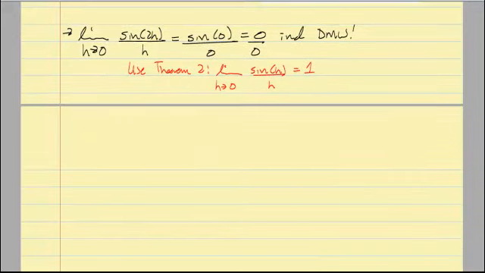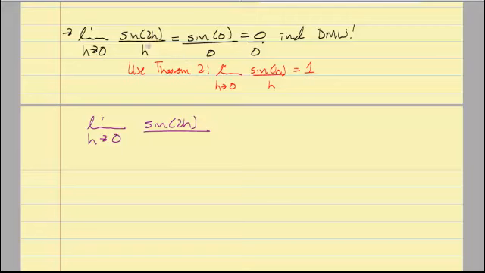So what we do is we say, okay, well this would work if I could substitute the letter u in here, let's say. So we could do a little bit of a substitution, and we could say the limit as h approaches 0 of the sine of 2h over, if this was a 2h right here, this would work perfect, because then the arguments would be the same for the sine and the denominator.